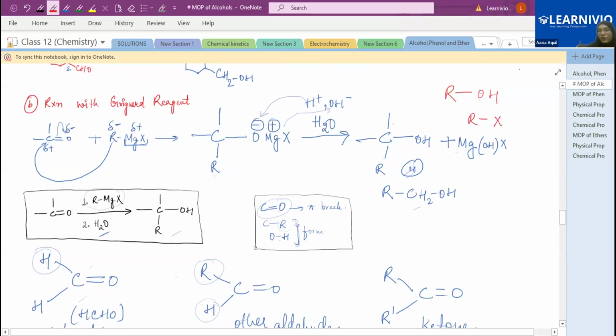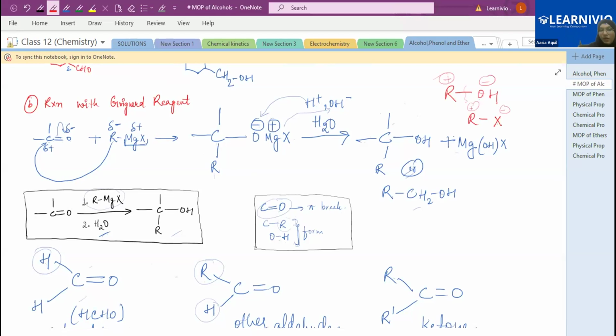When the bond breaks, oxygen is more electronegative than the carbon of the alkyl group, so it will acquire negative charge, and this will acquire positive charge. Similarly, in the haloalkane, R will acquire the partial positive charge and the halogen will attain the partial negative charge due to the higher electronegativity of the halogen.